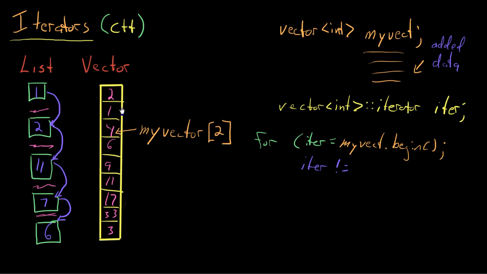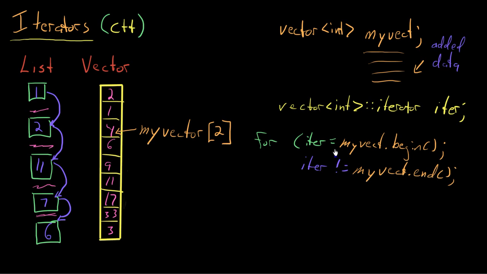And then our middle part of the for loop is we're saying while the iterator is not equal to the end, and then we say, let's go back to orange, myVect dot end.